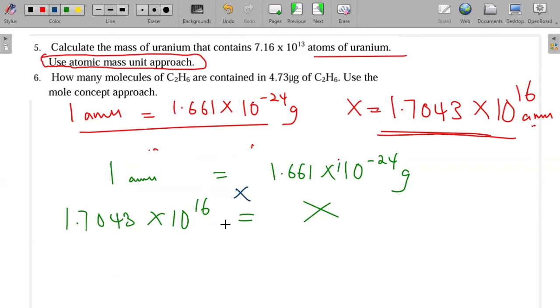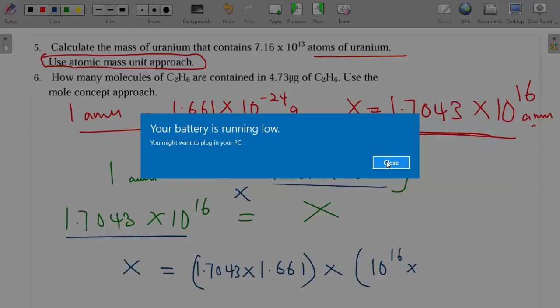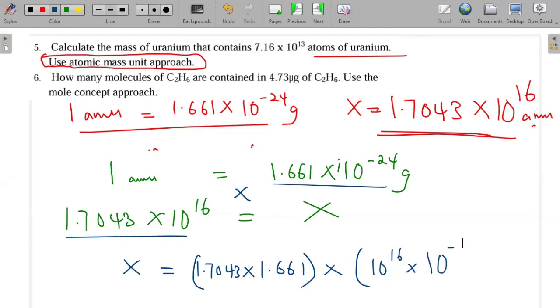So cross multiply, x will be equal to this number multiplied by this. So I'm going to multiply 1.7043 by 1.661 alone, then multiplied by 10 to the power 16 multiplied by 10 to the power minus 24, like this.